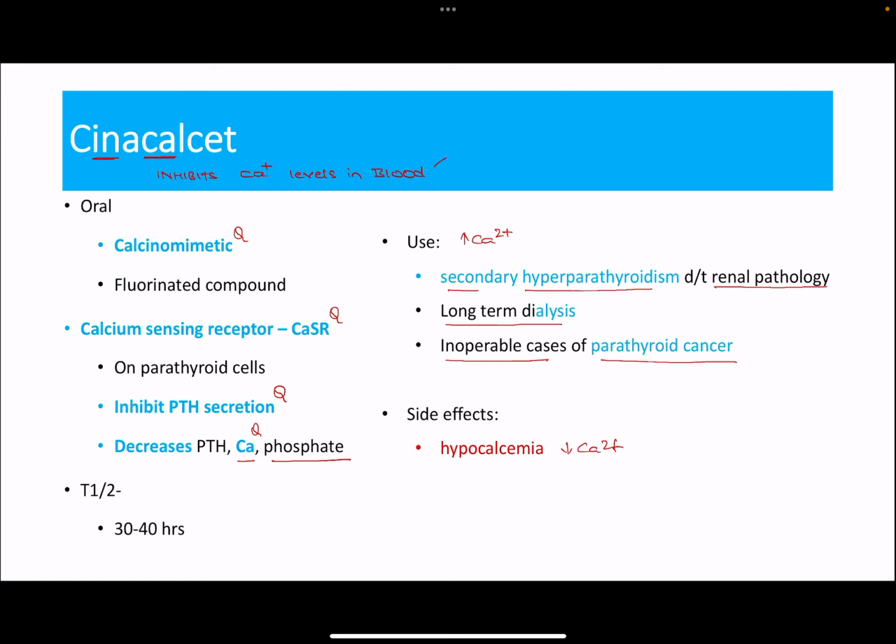That means in the blood it is going to decrease the calcium levels. So because of this, there can be a risk of tetany due to hypocalcemia.